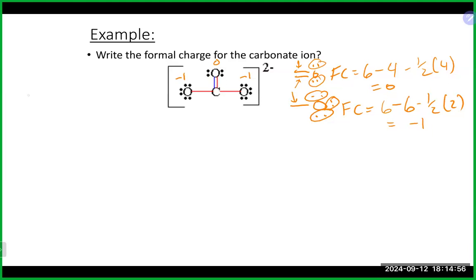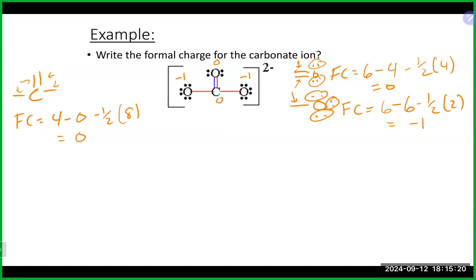That leaves us our carbon in the middle, which is bonded all around like so. For carbon, that is 4 minus 0, as there are no non-bonding electrons, no dots, minus 1/2 of, there are 4 lines, which basically means there are 8 electrons. That will give us a formal charge of 0.